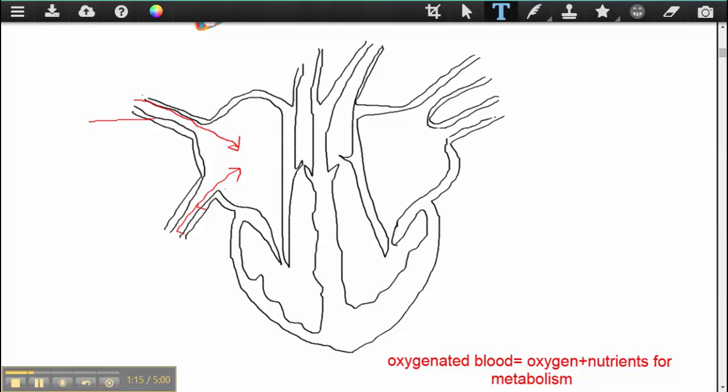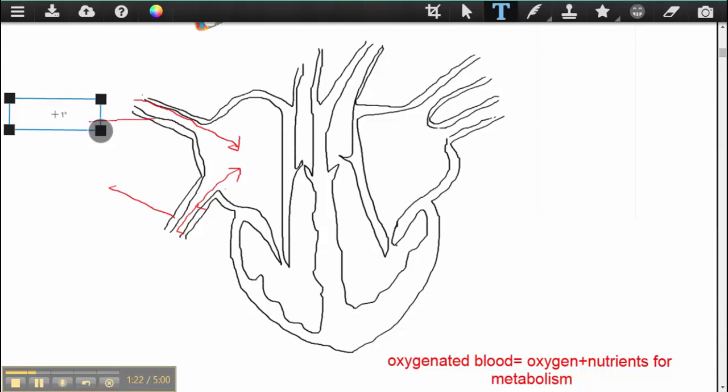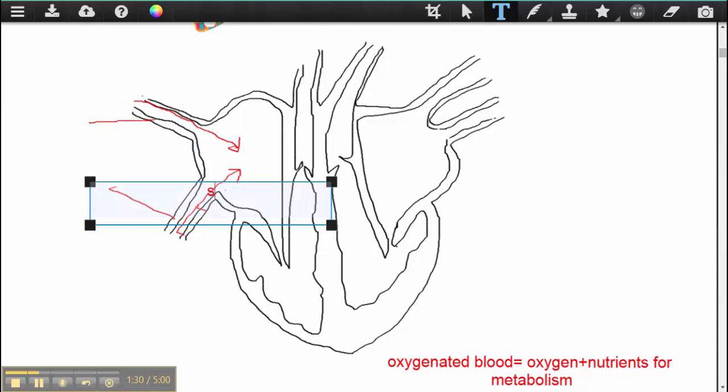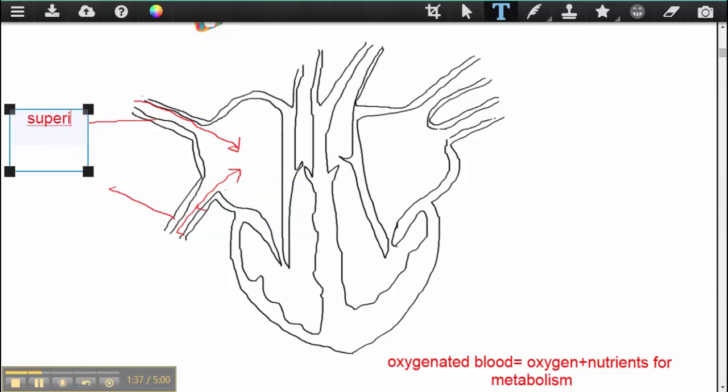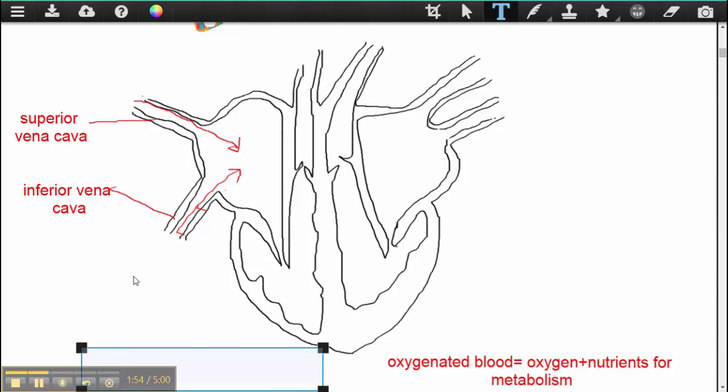It's brought in through two blood vessels, and these are the superior vena cava and the inferior vena cava. They bring in deoxygenated blood from all over the body to the heart.